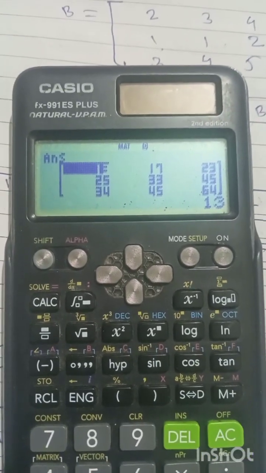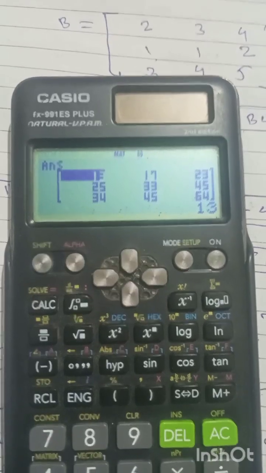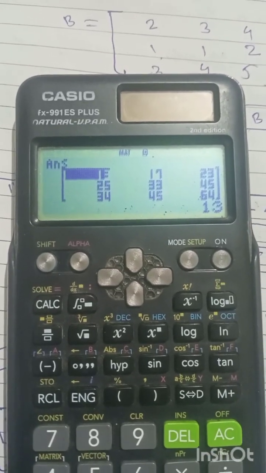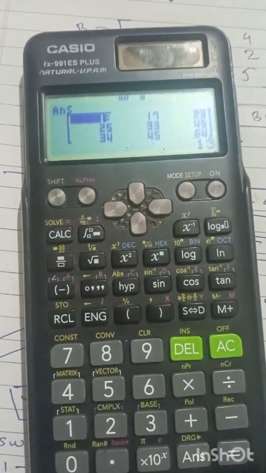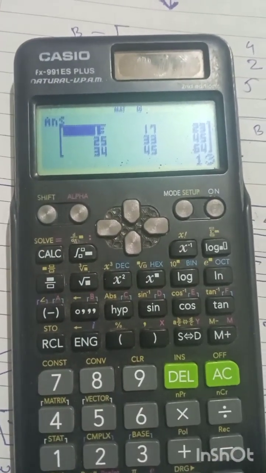So for practice, whether this answer is correct or not, you can check using the verification method.